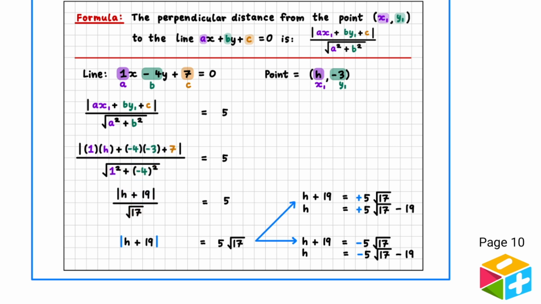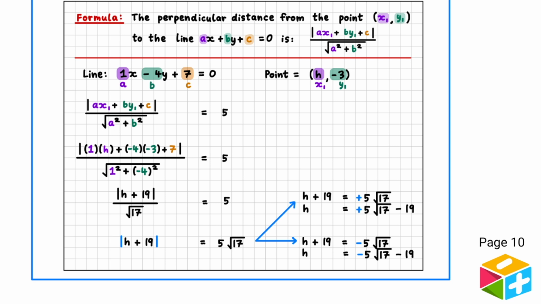We can get rid of the fraction on the left if we multiply both sides by root 17. This tells us that the absolute value of h plus 19 is equal to 5 times the root of 17.